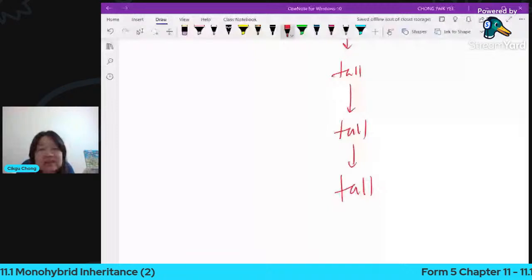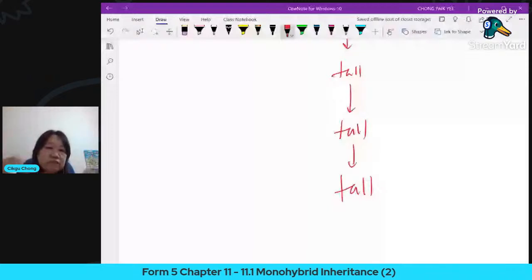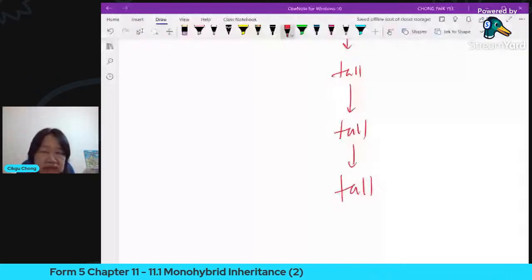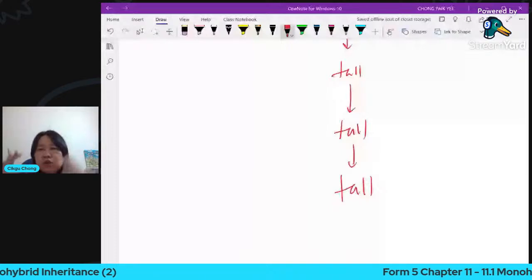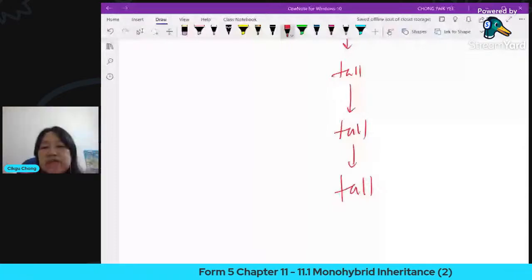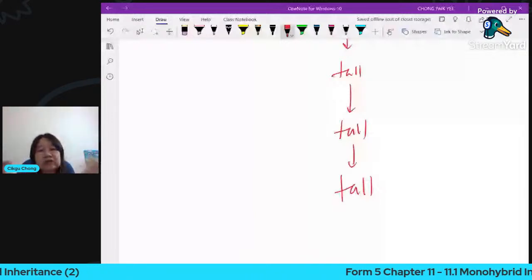It could appear. So after you do your self-pollination for many generations and find it's always tall, and tall, and tall, every time, that means this plant must only have one type, which is the tall gene. So this is considered a pure breed. Confirmed, right? After many generations, you cannot get any short variation from this plant.